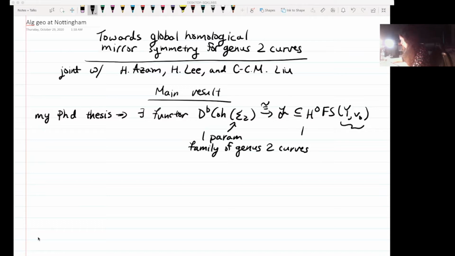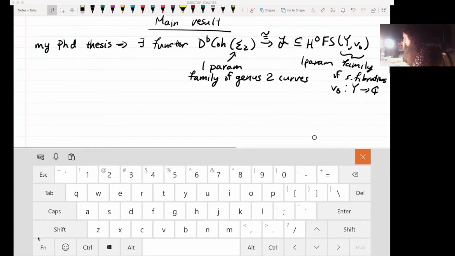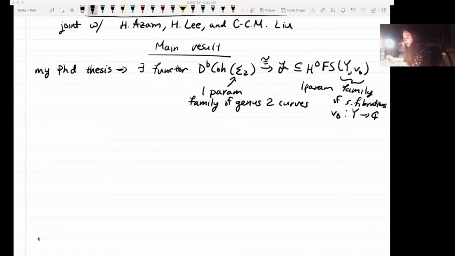And this is a one-parameter family of symplectic fibrations, where V naught is a holomorphic function, and I equip this with a particular symplectic form, and then I look at a one-parameter family by scaling that symplectic form.